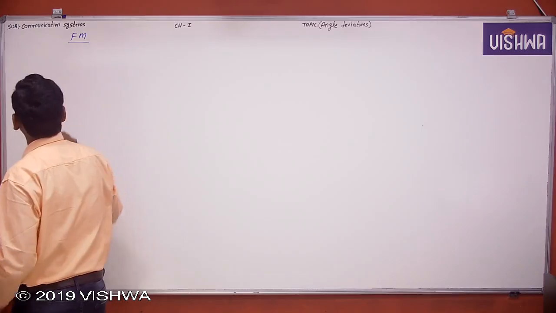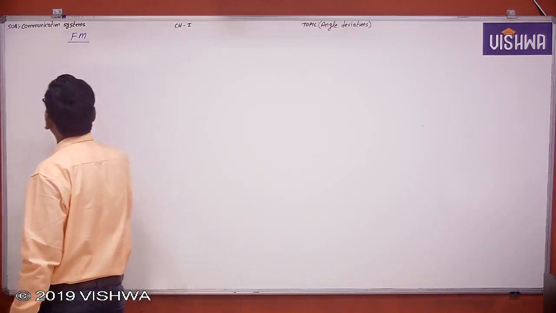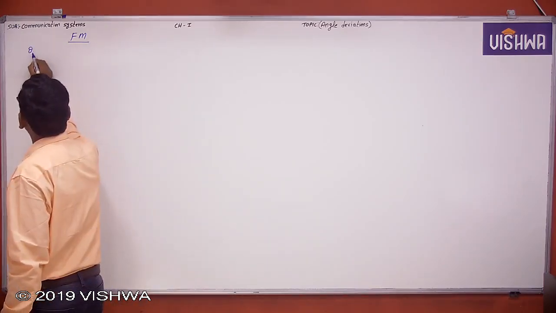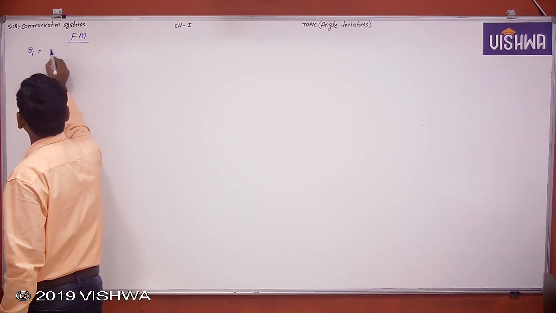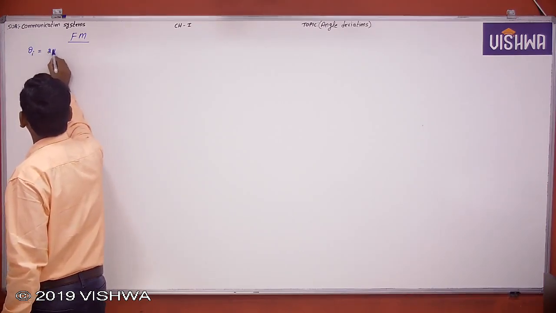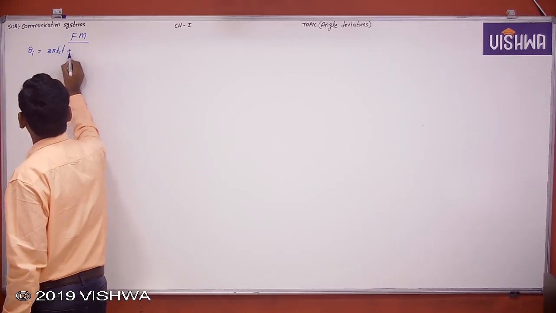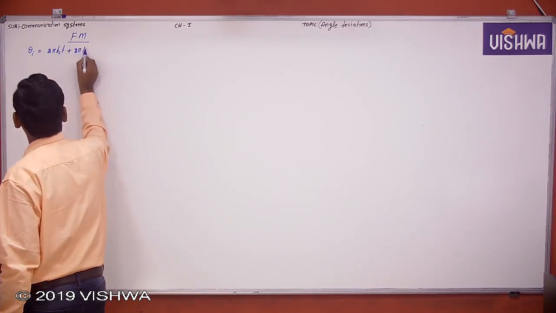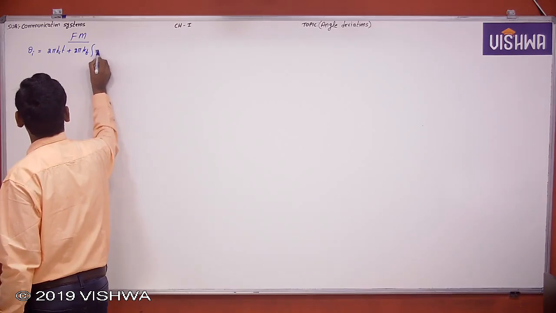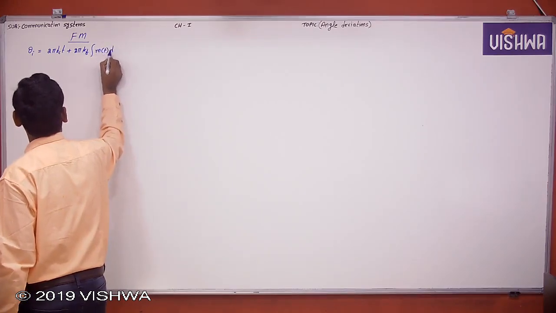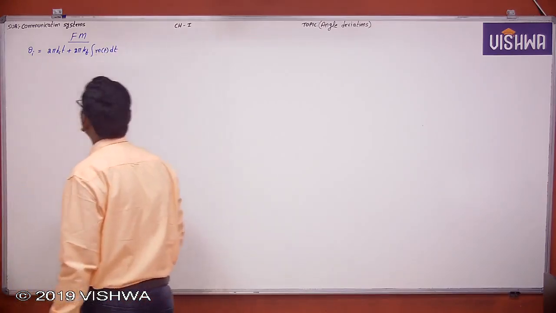What is the instantaneous angle or argument in frequency modulation? In frequency modulation, the instantaneous angle is 2 pi fc t plus 2 pi kf integral m of t dt. Am I not?